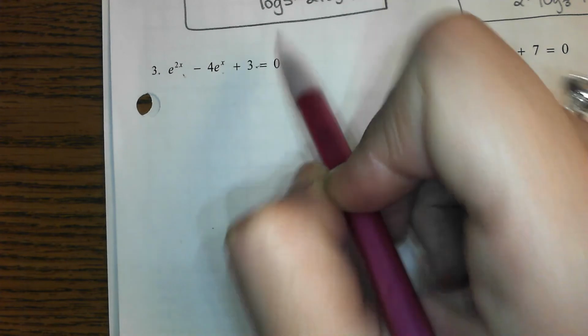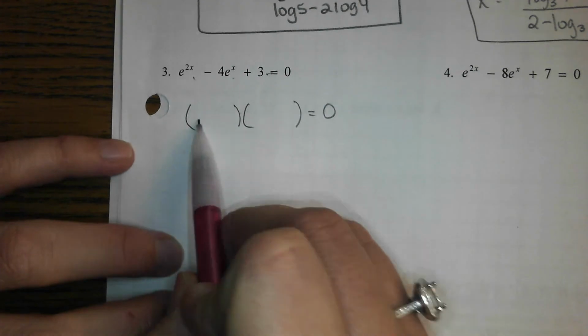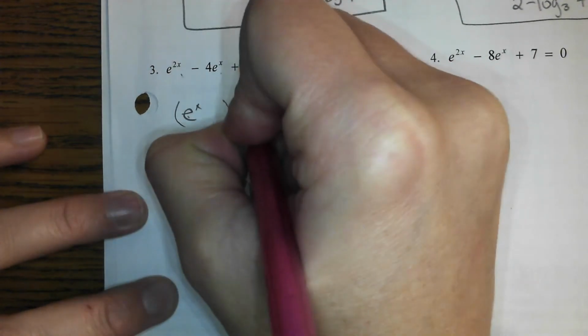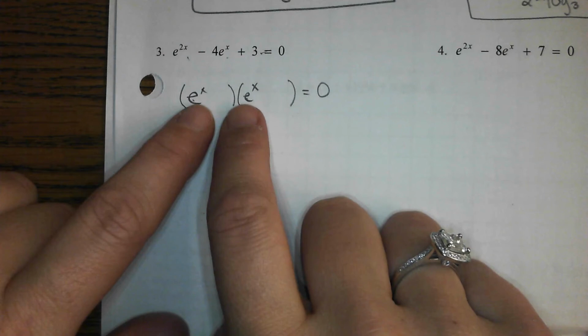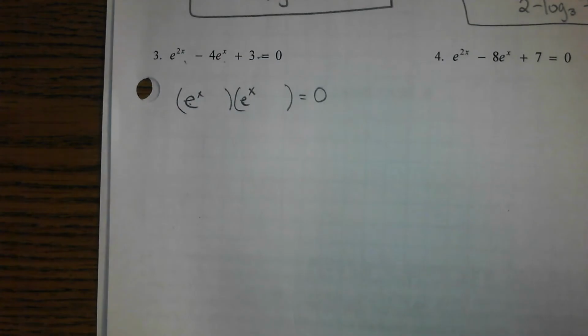So if you were setting up your two terms, what times what would give you e to the 2x? Just e to the x. Good. e to the x times e to the x. If you're multiplying things with common bases, you're supposed to add the exponents, and x plus x is 2x.